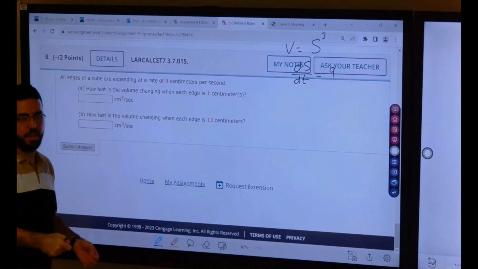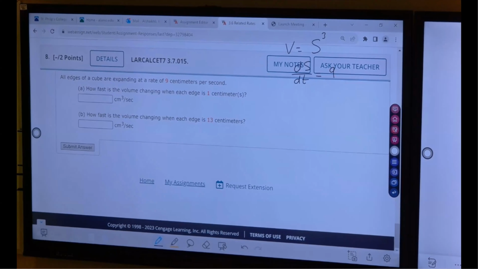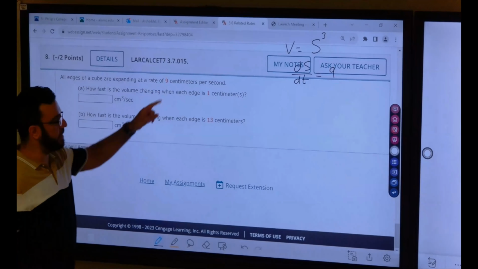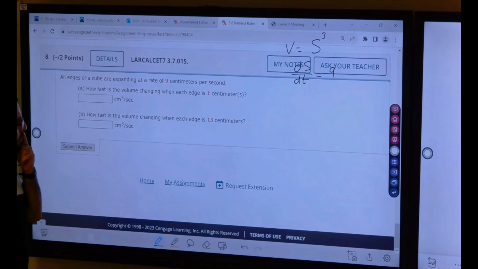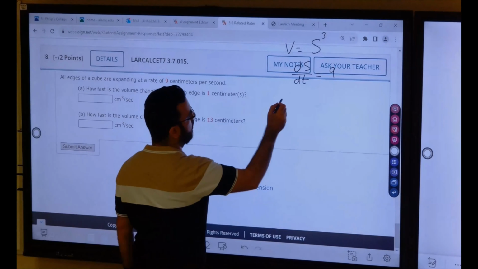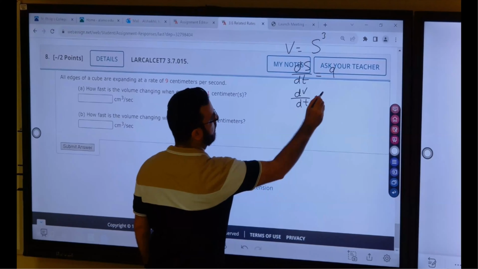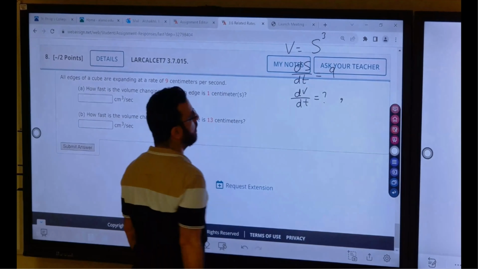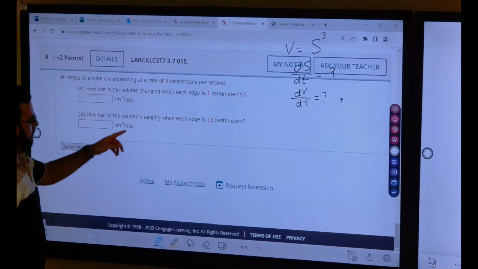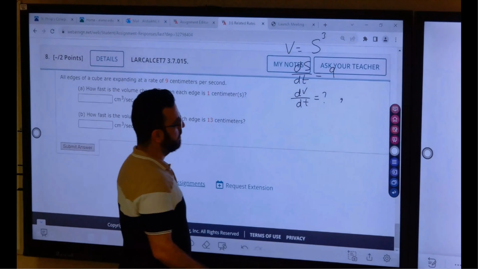Because the length, the width, and the height are changing at 9. Okay, now we need to find the volume. That means dV with respect to the t. What else do we have? Do we have the side? 1 centimeter.